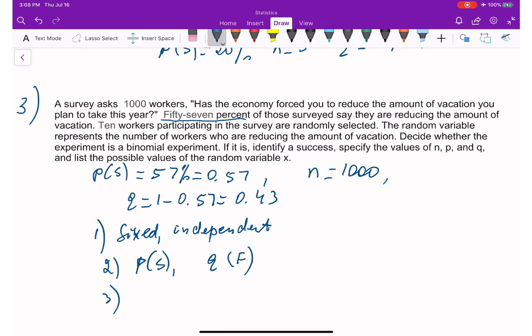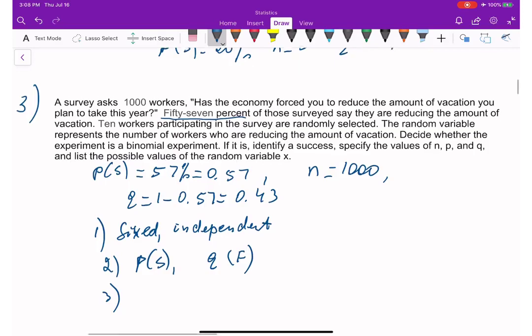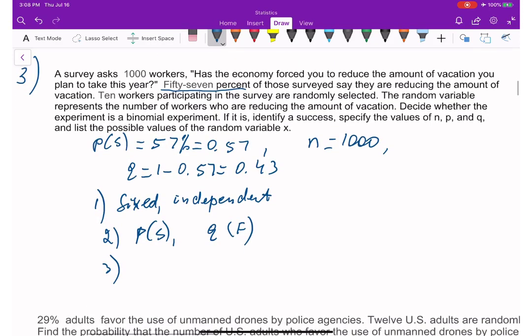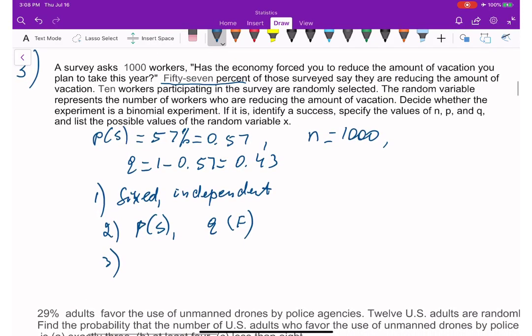Let's say I reduced my vacation, you didn't reduce your vacation. So 50% chance when you are asking. So the probability of success is the same for each trial.